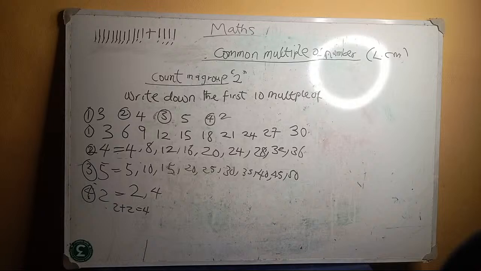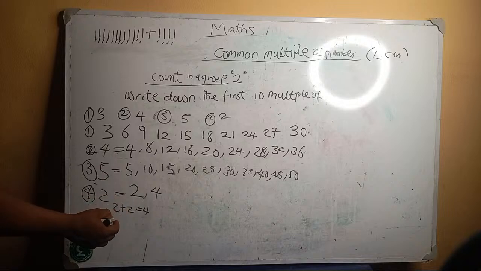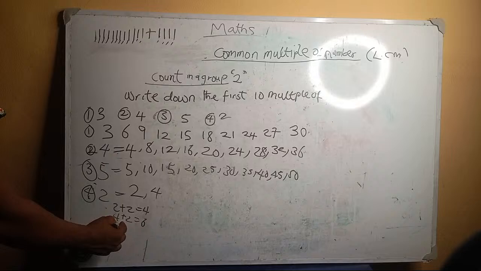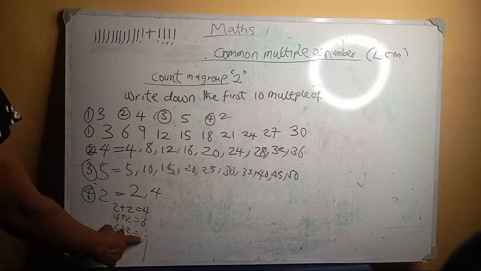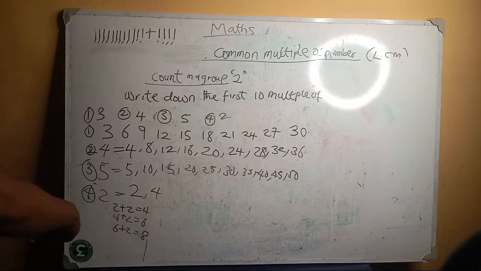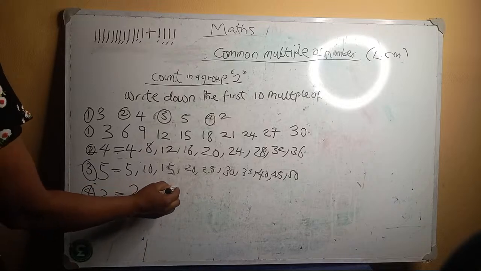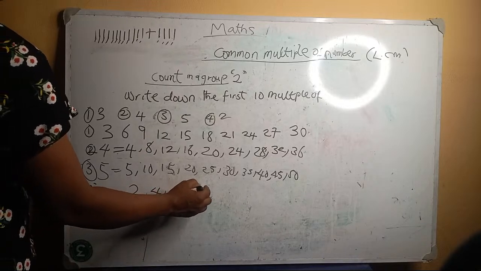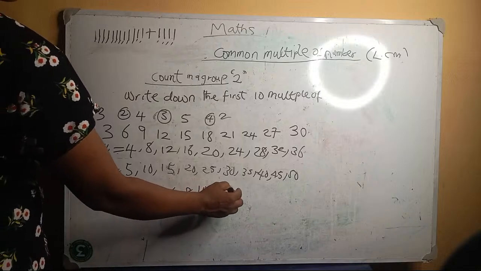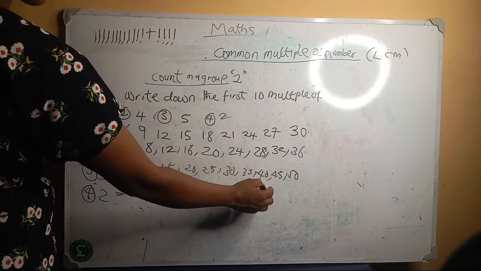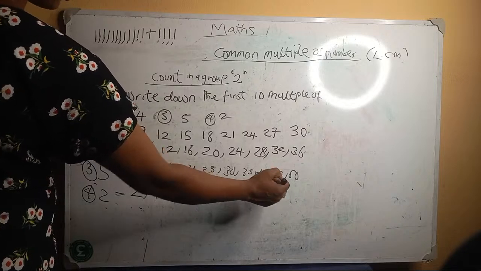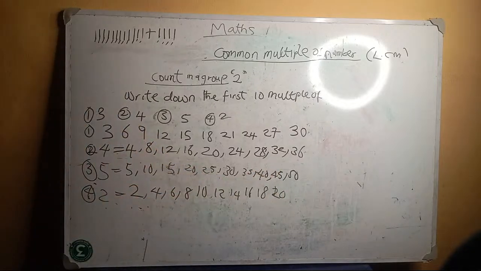So 2 plus 2 is equals to 4. 4 plus 2 is equals to 6. 6 plus 2 is equals to 8. And so on and so forth. So coming here, 2, 4, 6, 8, 10, 12, 14, 16, 18, 20.